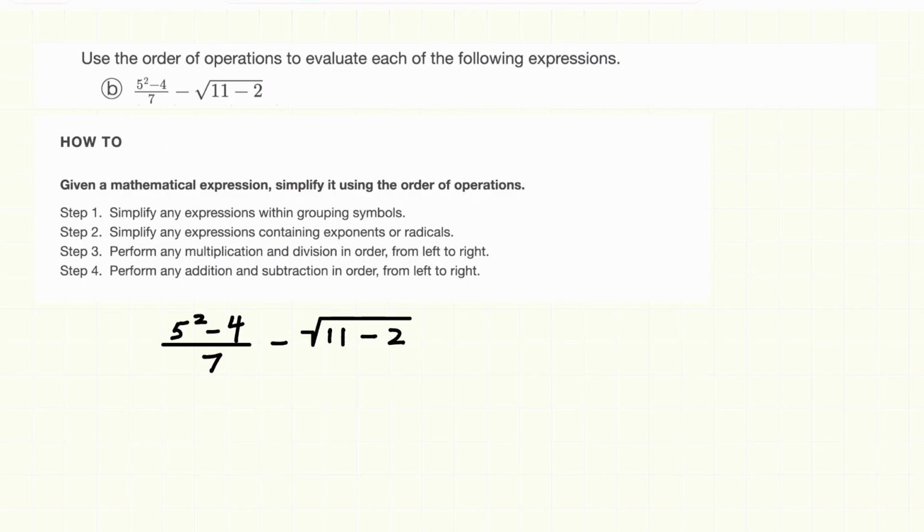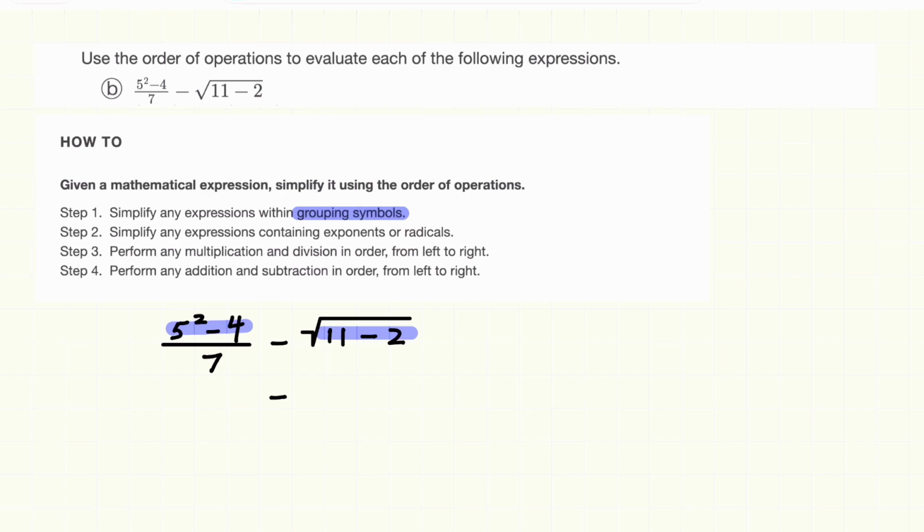In example B, we're given this expression, and again, starting with grouping symbols in our first step, this radical is acting as a grouping symbol, grouping that 11 minus 2 together under the radical. This fraction has grouped this expression in the numerator. Even though they're not parentheses, they are being grouped together.